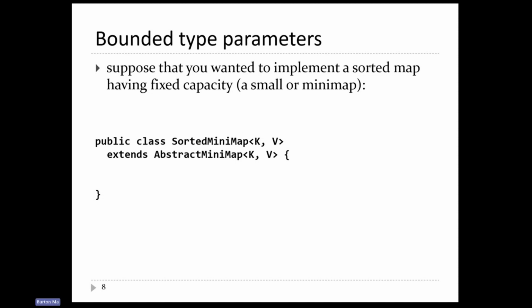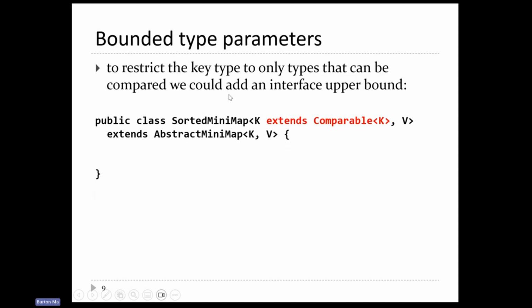So in this case, a MiniMap is a map that has a fixed capacity. So it can't change itself. It cannot increase in capacity; it holds a fixed number of elements. To restrict the key type so that only types that can be compared are allowed, you impose an upper bound. So now K extends... you want to specify the interface that lets you compare things in Java.